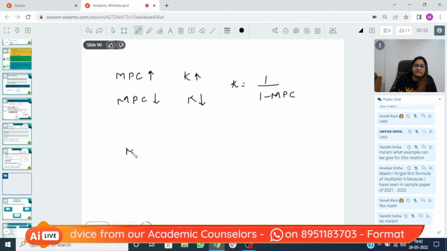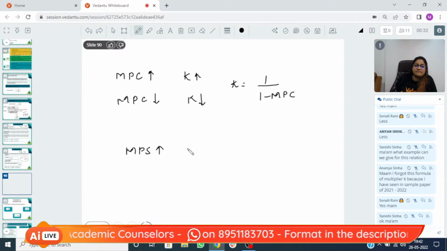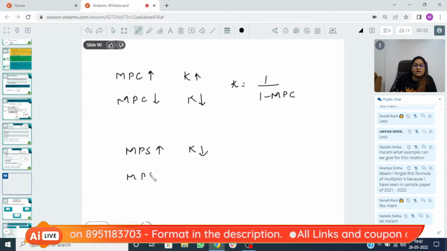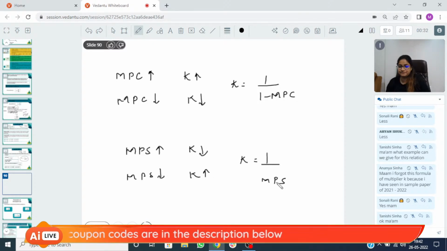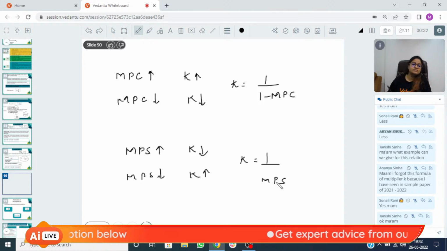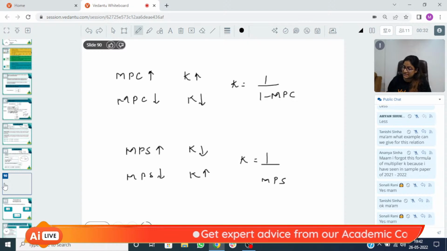Then we have MPS: higher the MPS, lower the value of multiplier. Lower the MPS, higher the value of multiplier. The formula is K is equal to 1 upon MPS. Barabar? Yes, everyone? Easy peasy lemon squeezy.